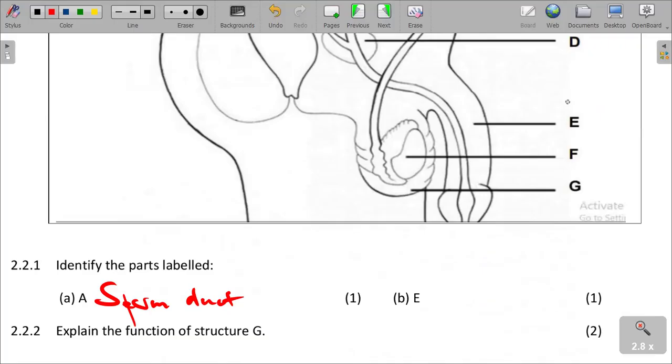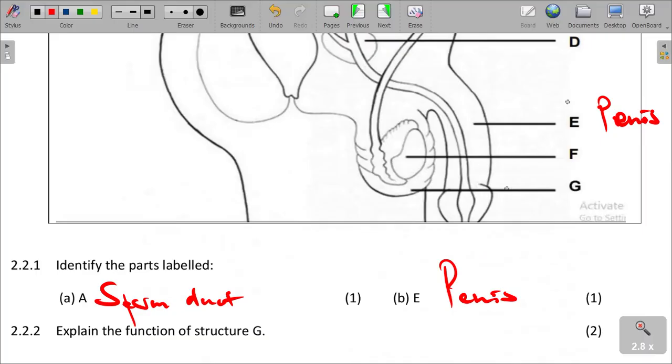And then E, you can see that is the penis, which is quite visible there.